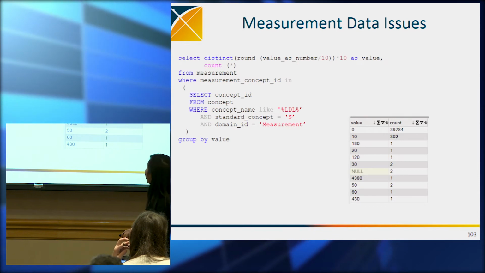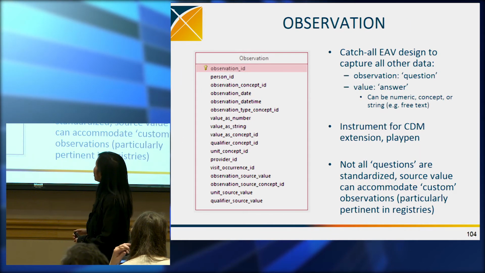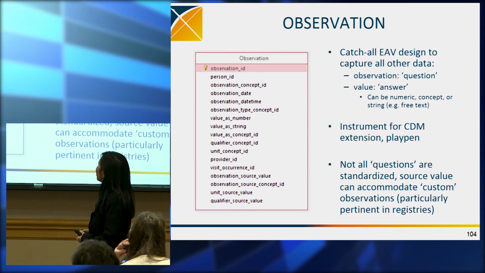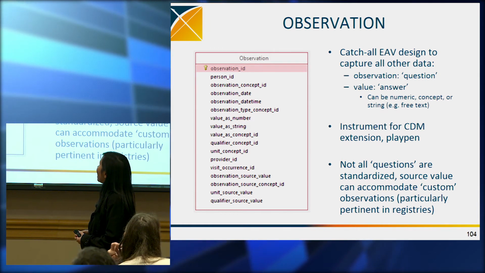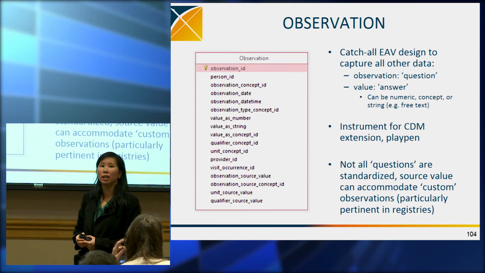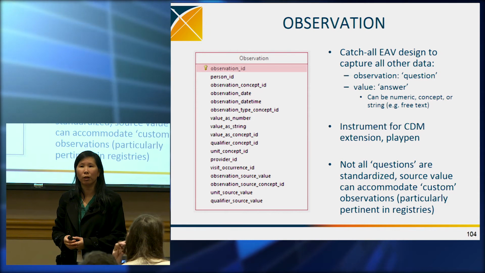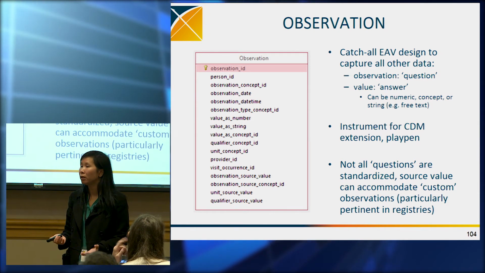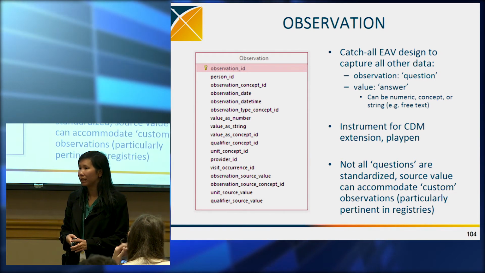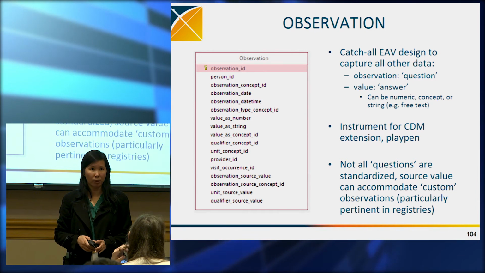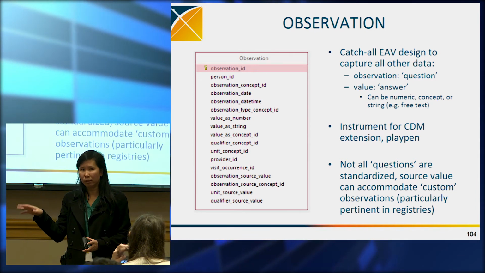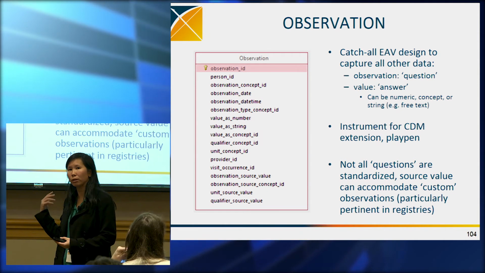Okay, observation. It's the one table that you can pretty much store anything in. One of the things that we talk about is that the OMOP CDM is very extendable, and one of the ways to extend it is to use the observation table. Now, don't put drugs in observations when they're supposed to go into drugs.